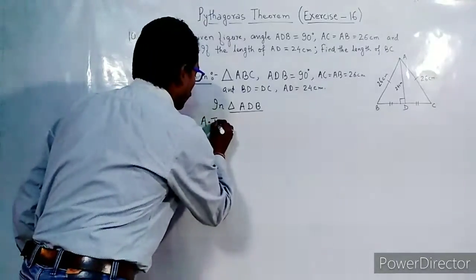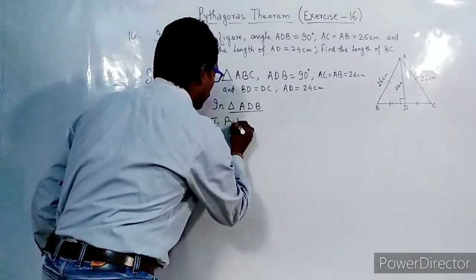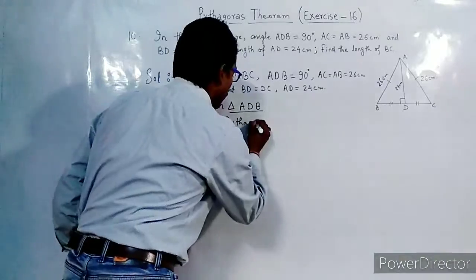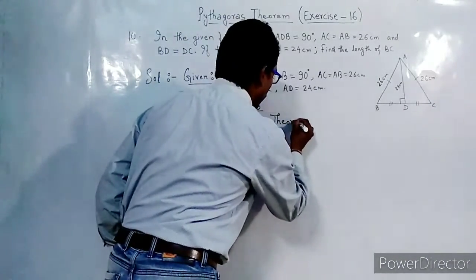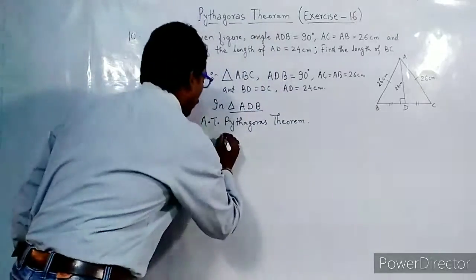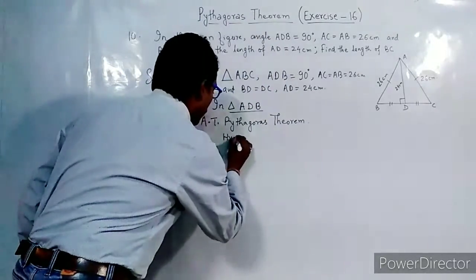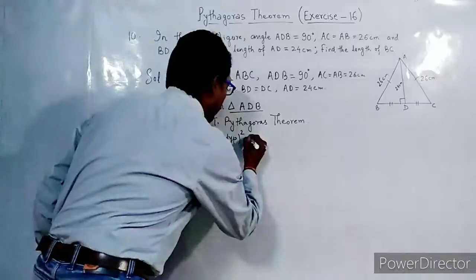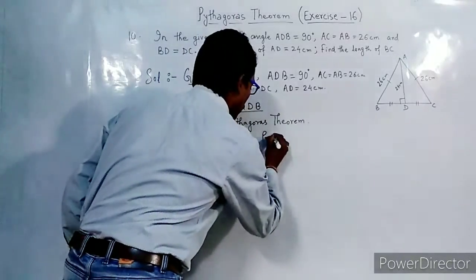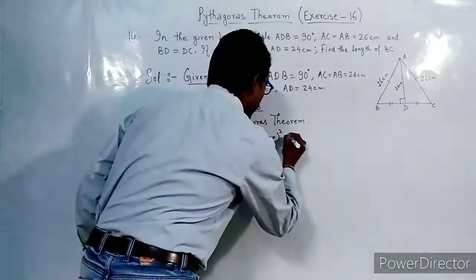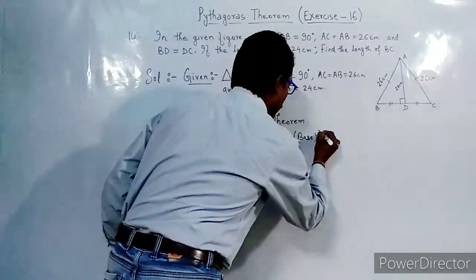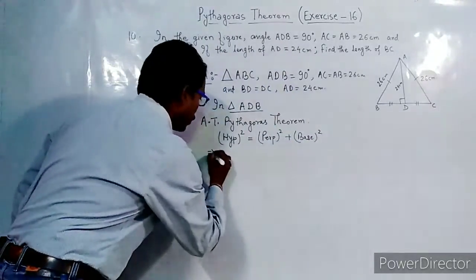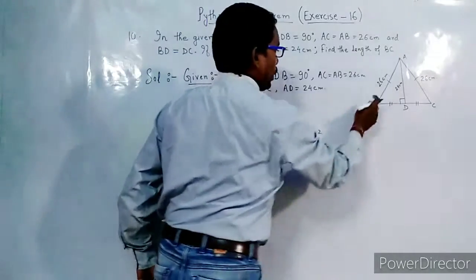According to Pythagoras theorem, hypotenuse square equals perpendicular square plus base square. So the hypotenuse here is AB.